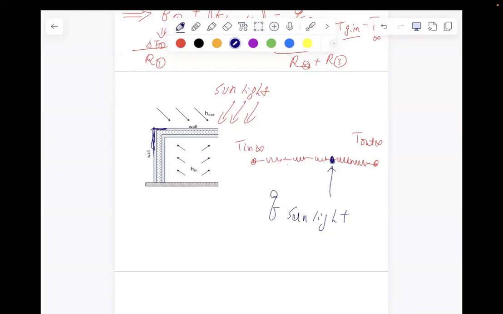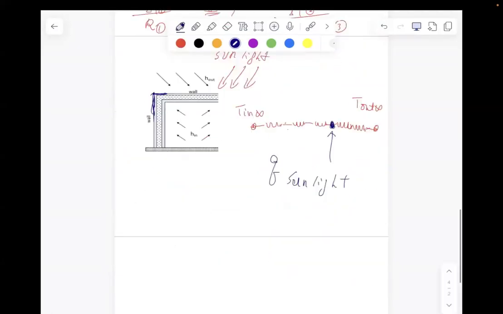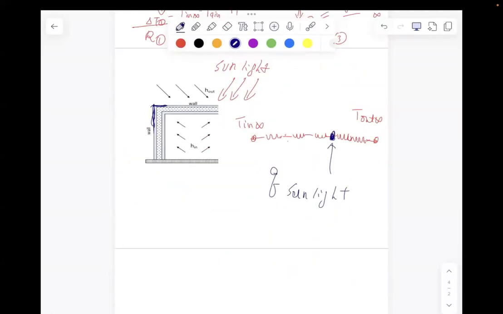And then if it goes to a point, you need to construct the energy equation the same way that we did here. Because once you inject at this point, the left side and the right side are not in series anymore, so you cannot add them together. You can only consider the left portion and the right portion separately, and then you add this injected heat into it.